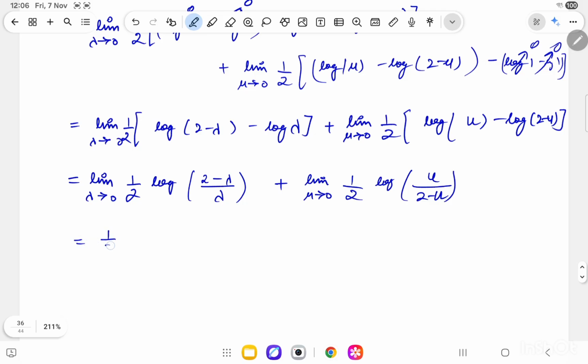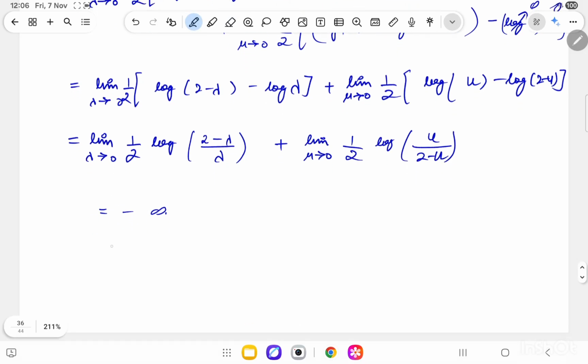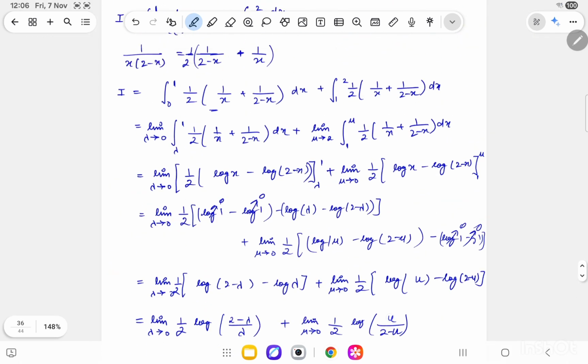If you plug in the limits, these two terms will diverge, so the integration will basically be equal to minus infinity only. So from here we can say that our I is divergent.